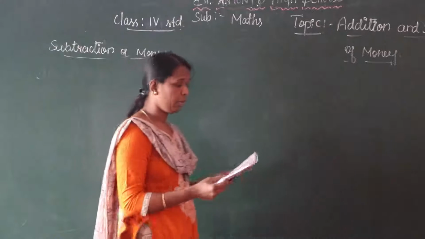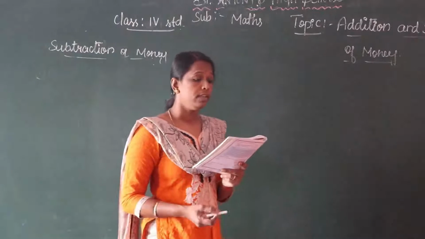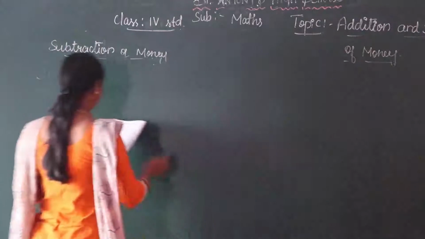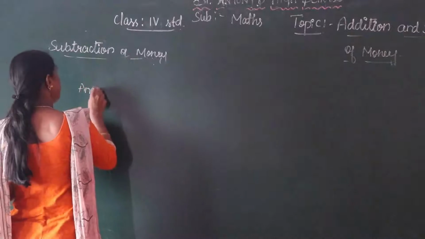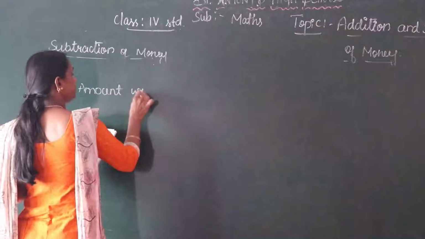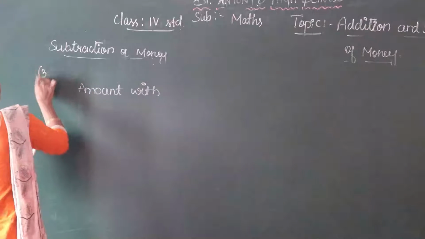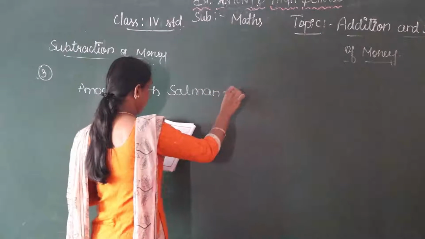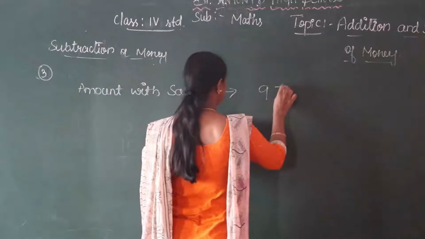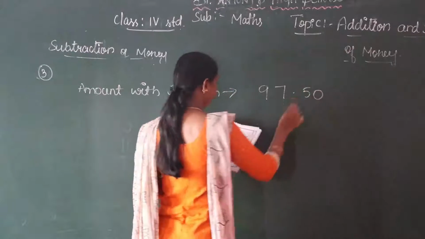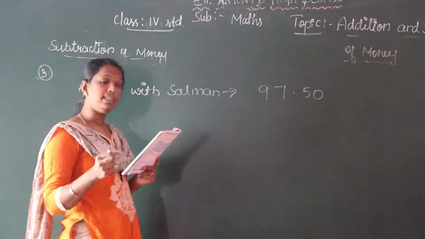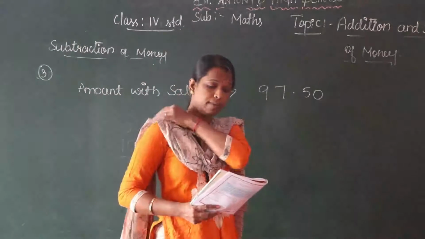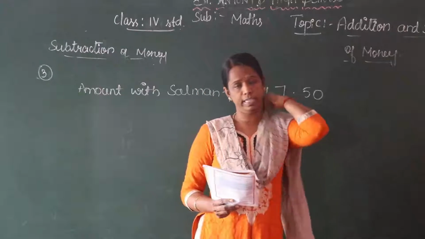Next, let us discuss one more sum. That is a statement sum. Salman has rupees 97.50 paisa. So he has some amount, that is rupees 97.50 paisa, and he buys a t-shirt for rupees 85.75 paisa. Then calculate the remaining amount with him.